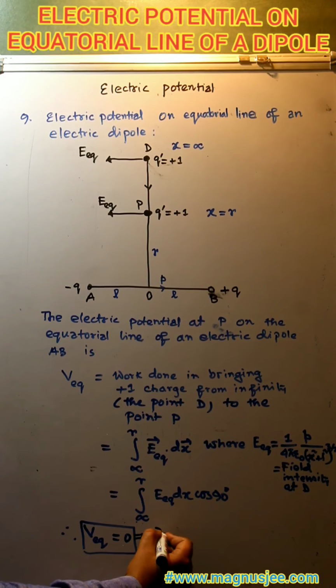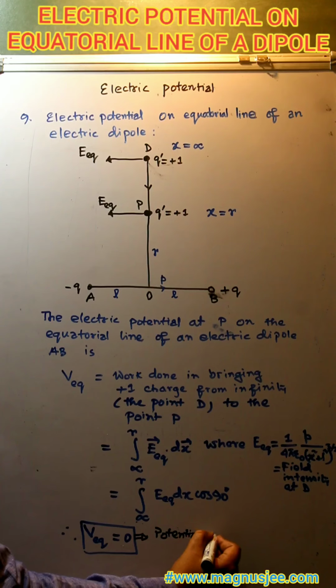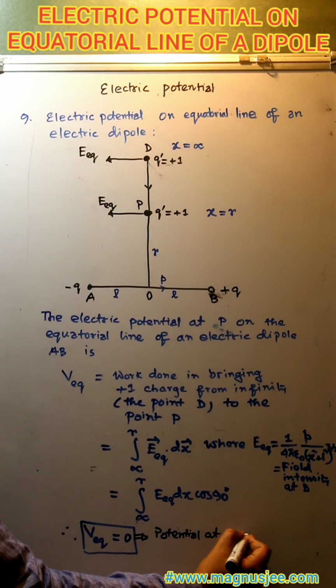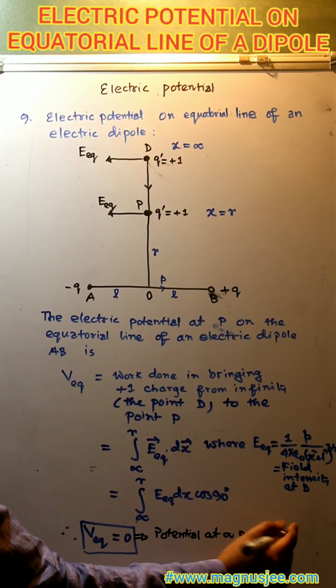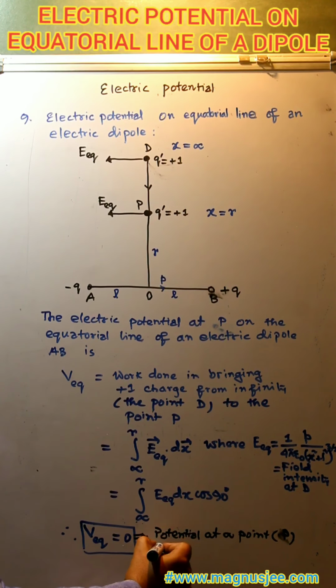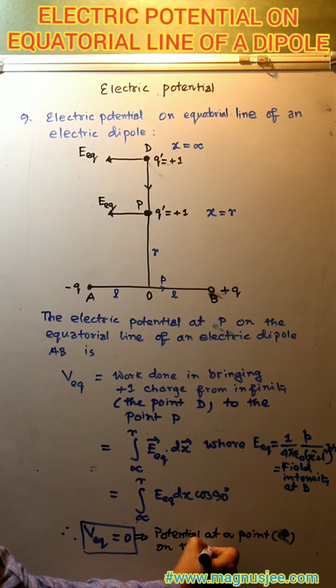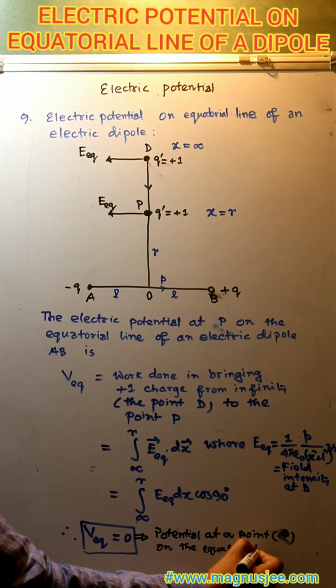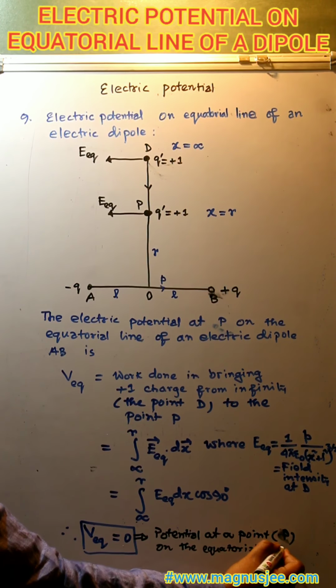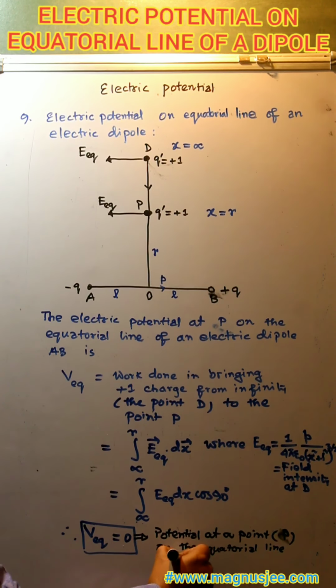This is the potential at the point P on the equatorial line of an electric dipole.